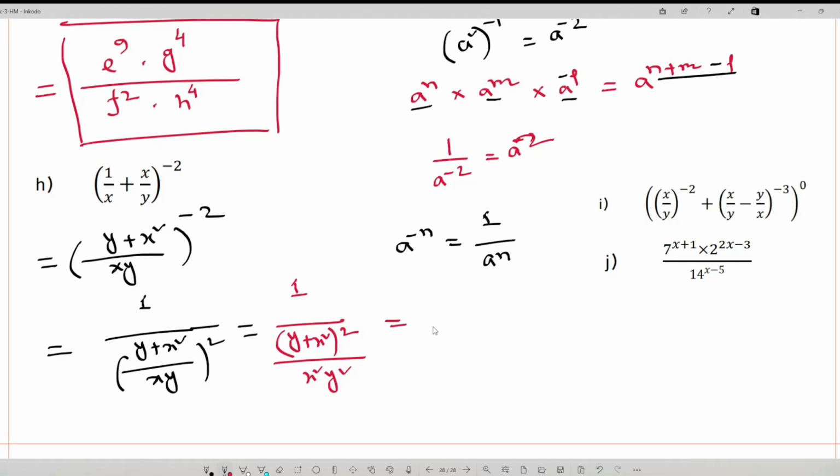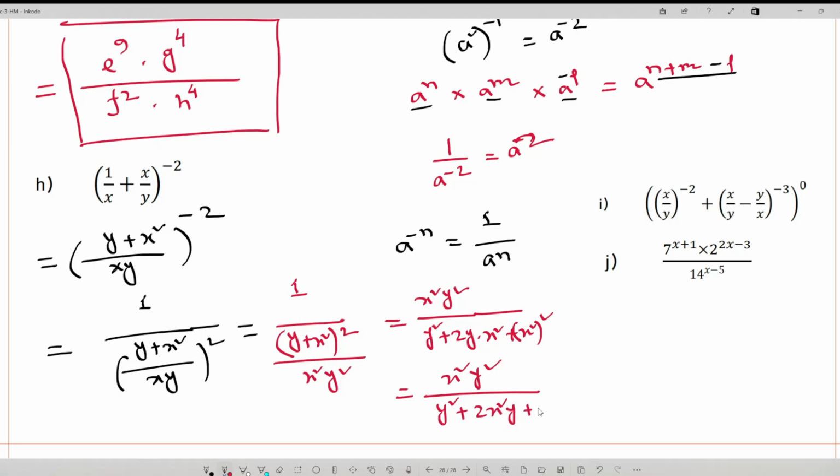Now we flip this fraction, so we can write x square y square divided by, this one we can follow the a plus b whole square formula. So y square plus 2y times x square plus x square whole square.